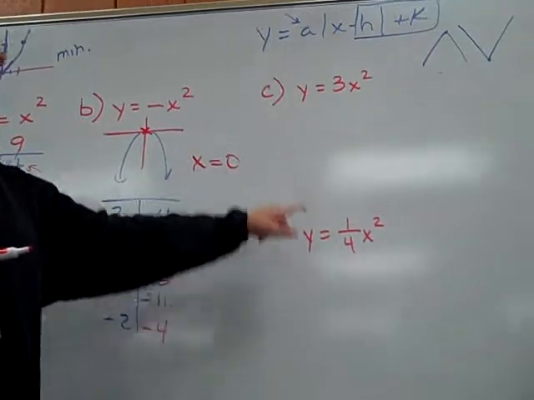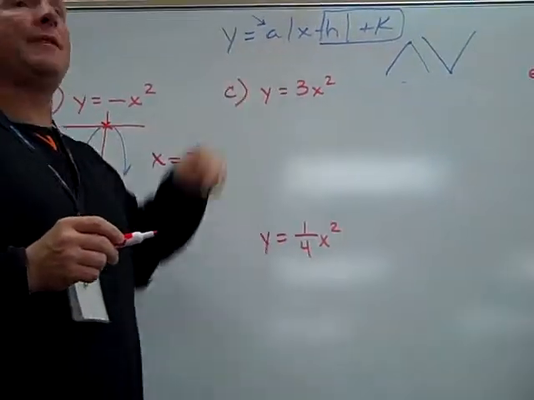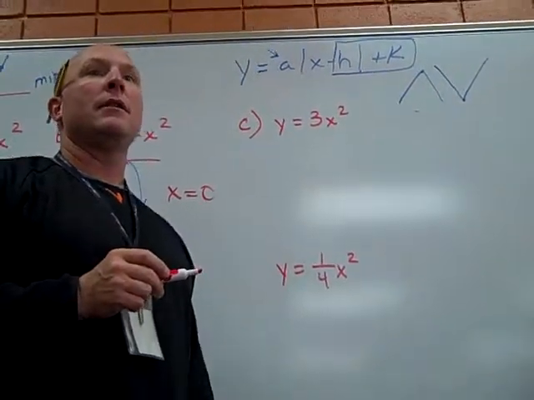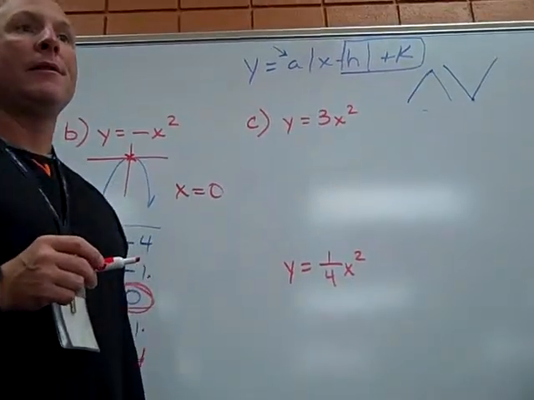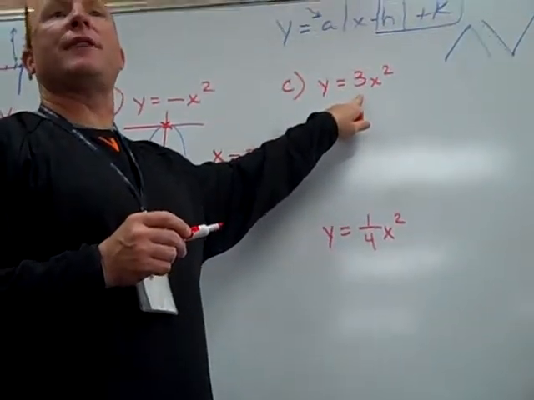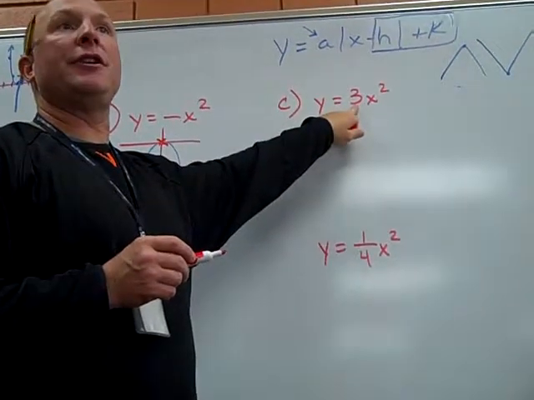Take a guess what's going to happen with this and with this, based on what we discovered with the absolute values. Is this going to get skinnier or fatter? First of all, is this a smile or a frown? This is a smile. This is considered your A value.